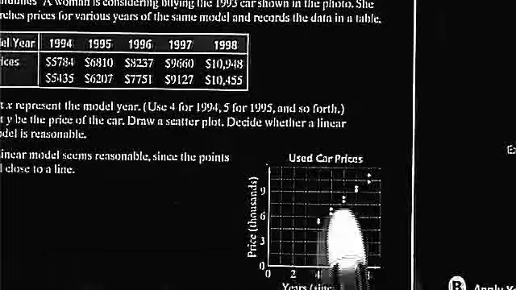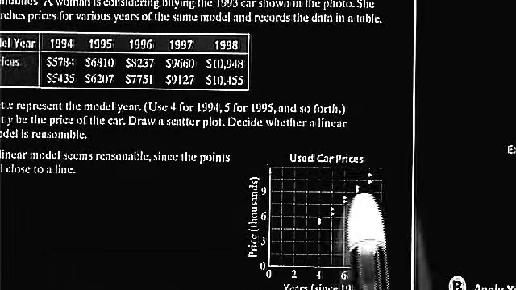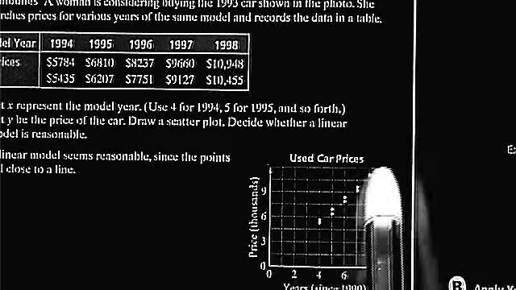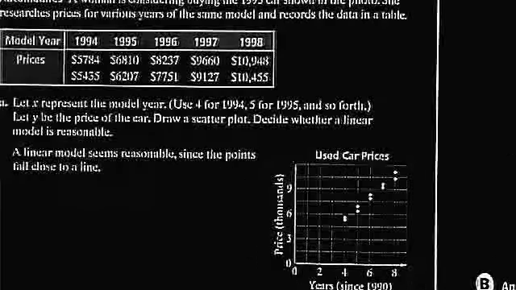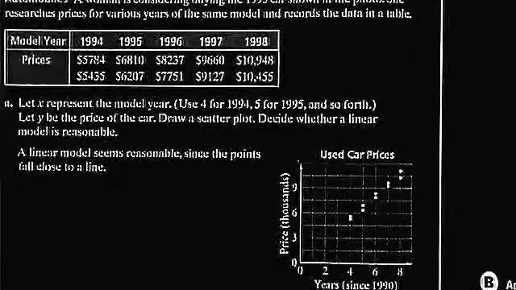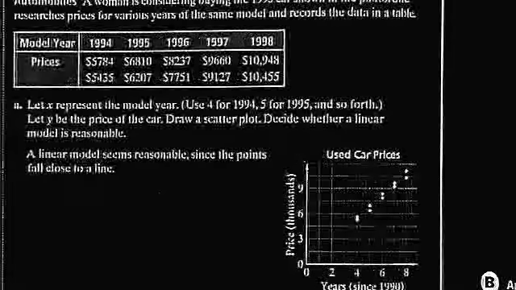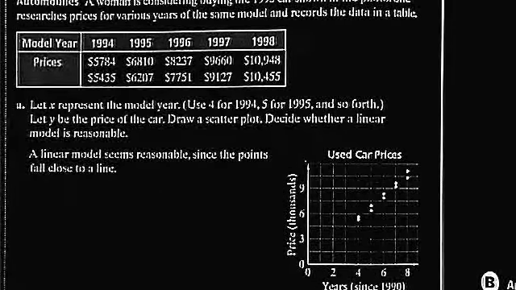When I look at this data, it looks like a linear model is pretty reasonable, since the points really kind of fall close to what we call a line. So we draw the trend line, right?